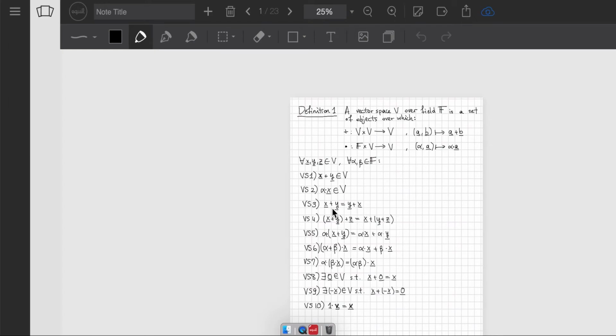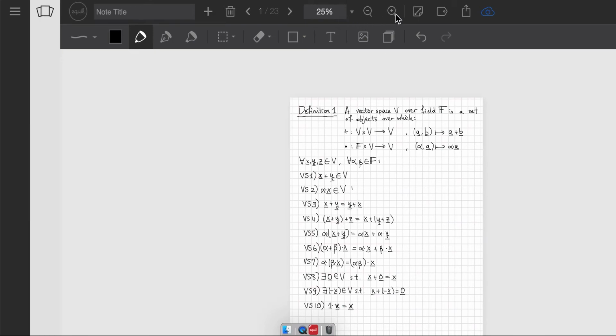But the conditions Vs1, Vs2, which are the closure conditions, as well as condition 8, which says that the zero vector must belong to the vector space, are not necessarily satisfied for any subset of V. Okay, so for a subset to satisfy all of these conditions, it has to satisfy not only the ones that are always satisfied for any subset, it also has to satisfy Vs1, Vs2, and Vs8.